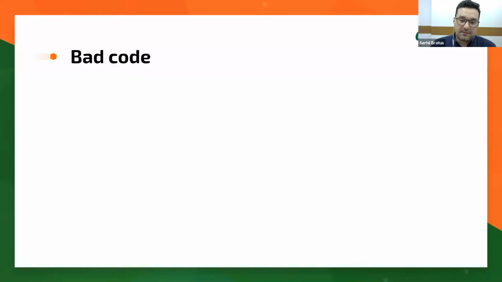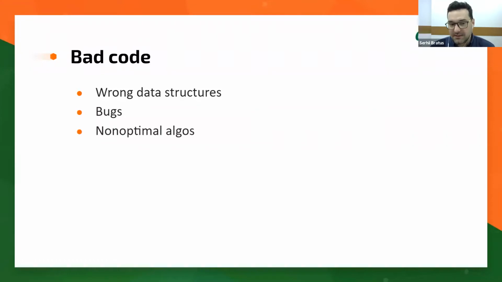Yeah. So another thing that causes problems is bad code. And of course, it's obvious, right? But I couldn't skip it because sometimes it's wrong data structures used inappropriately, or just simple bugs or non-optimal algorithms written in a rush for some shipping or something.